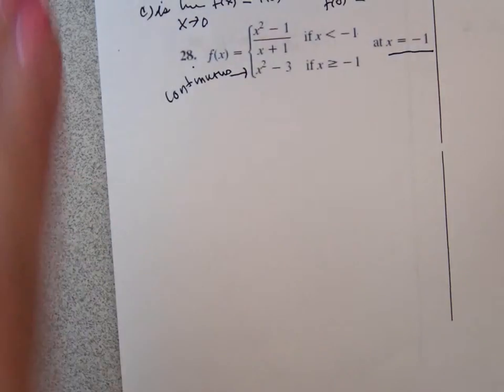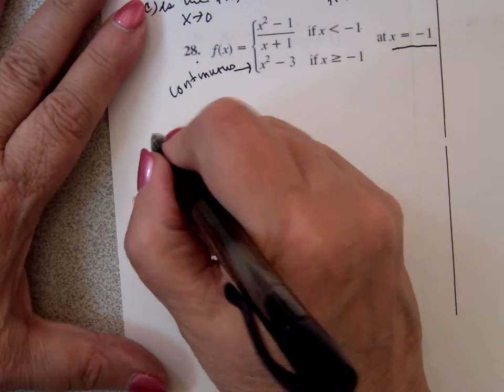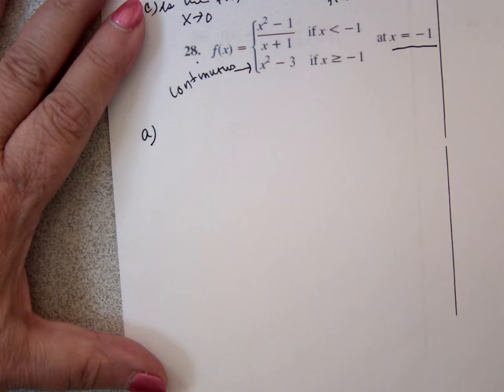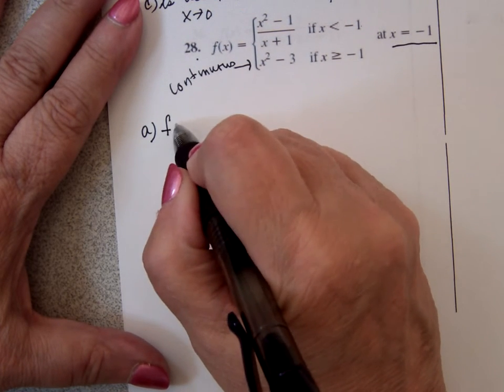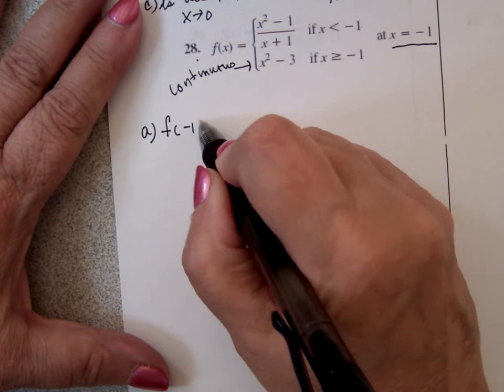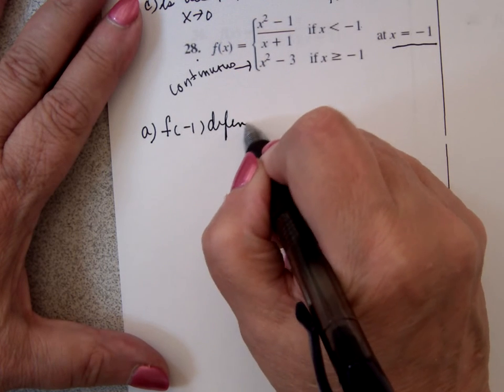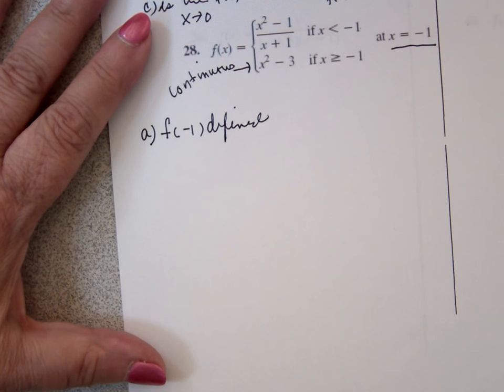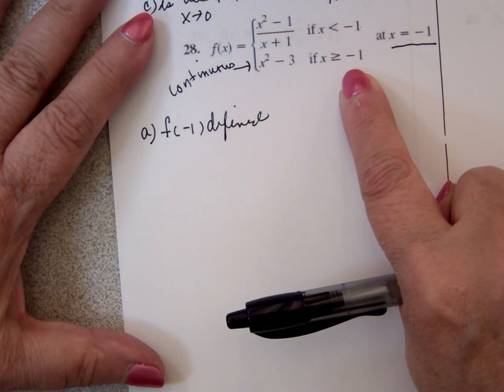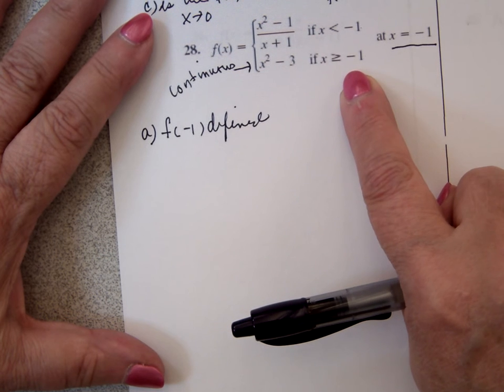So I have to start out with A: is f of negative 1 defined? Well, f of negative 1 is part of x squared minus 3, is it not?